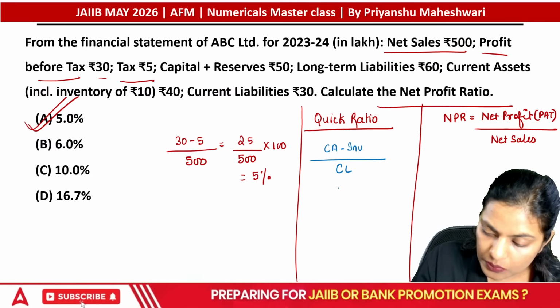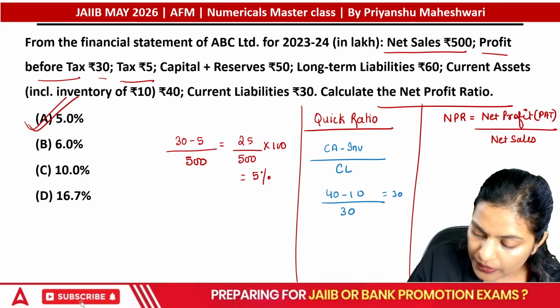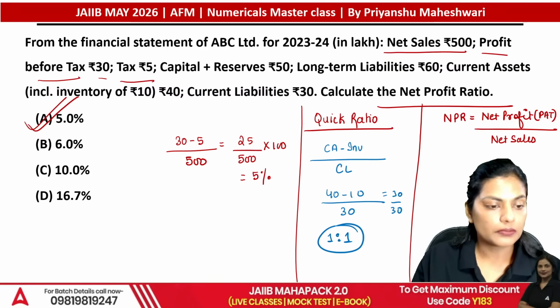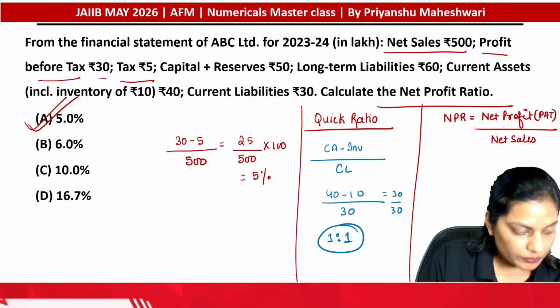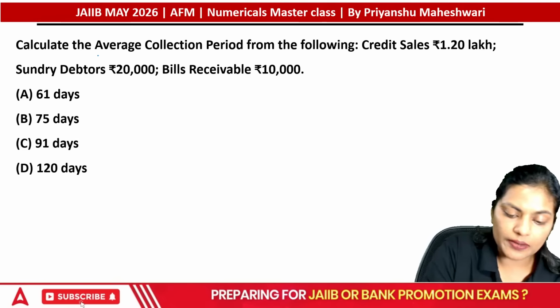So 40 minus 10 upon 30. 30 by 30, that is 1:1. Correct? Very good. Calculate the average collection period.